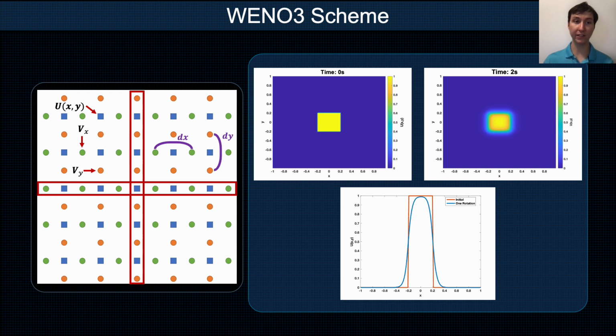This stencil is much larger than what the upwind scheme was. Here on the right, we show what happens to the same box initial condition after one full rotation. We see that some definition of the box is lost, but much less than what happened with upwinding. We can still see that the box is there, keeping the main amplitude the same in the center.